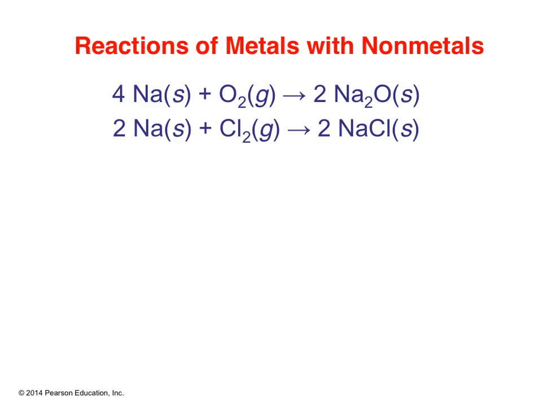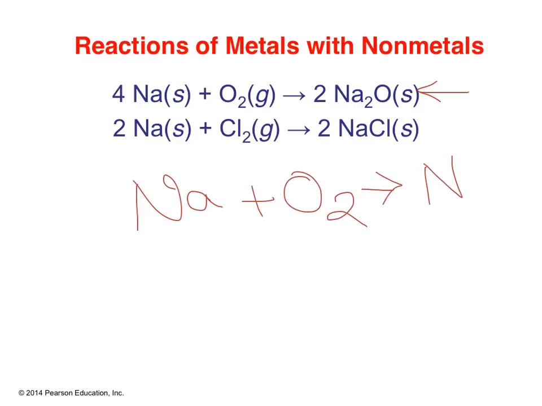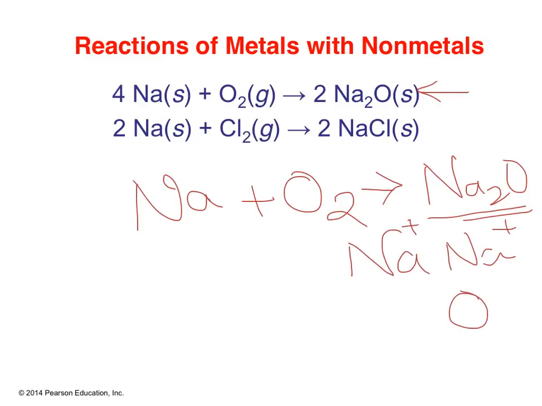Now, reactions involving a metal reacting with a non-metal are also electron transfer reactions, and so they're also one type of redox reaction. So in the first case, if you think about it, you form sodium oxide, and sodium oxide is 2 sodium ions in chemical combination with an oxide ion.